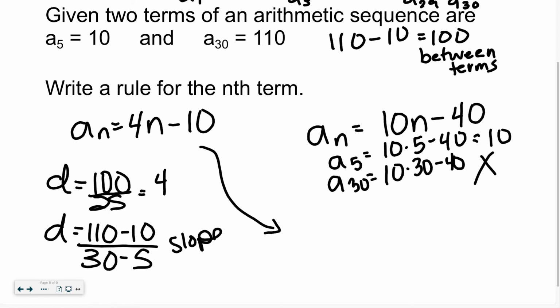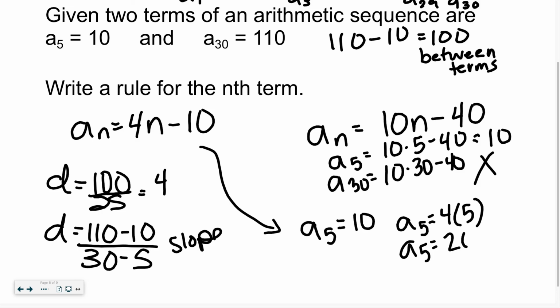Okay, normally we're often checking that first term or subtracting from the first term, but you guys are using a sub 5 equals 10. So you're saying we know a sub 5 equals 4 times 5 because we just found the difference to be 4. So that would be a sub 5 equals 20, but it's only supposed to be 10, so I'll subtract 10. And that becomes part of my rule.